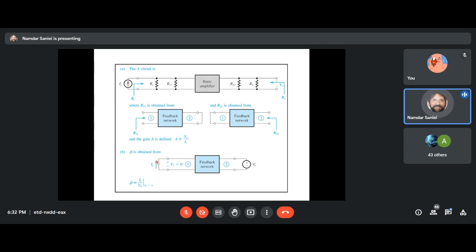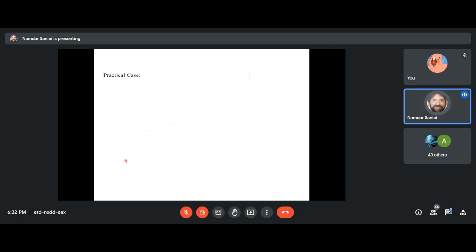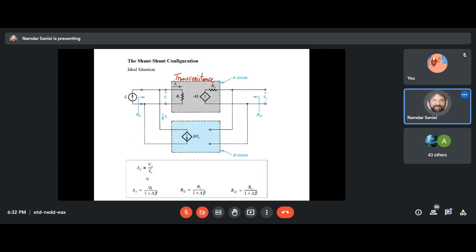So IF goes south to north. Notice that, because that's I1, the one that goes into the feedback network from port 1. If we find those, we can use the formulas that we showed here and find the gain, the input and output resistance.